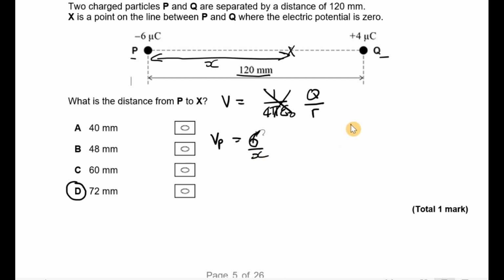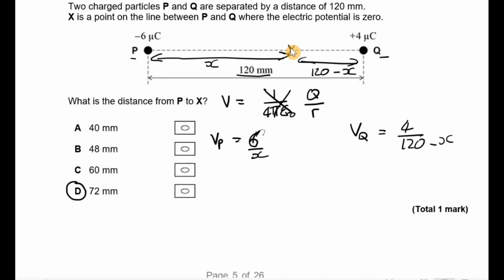So the magnitude of the electrical potential from Q at this point is going to be equal to the charge from Q, which is 4 again, and the distance, this distance here, is going to be 120 millimeters minus x.